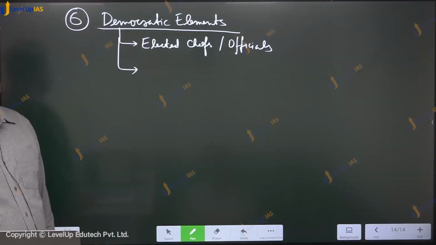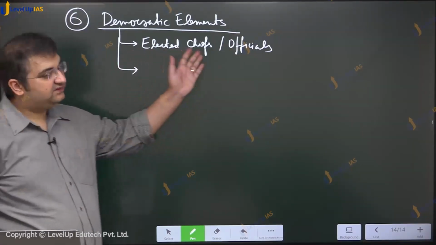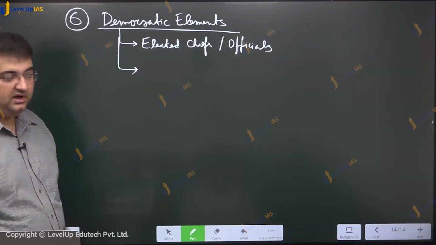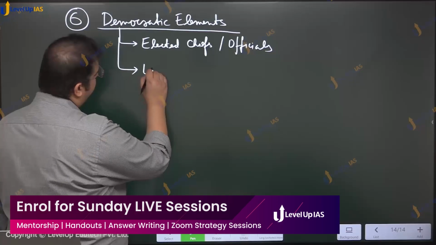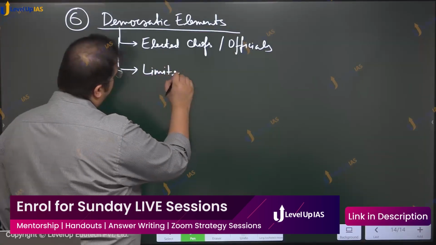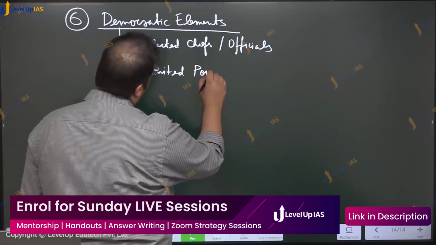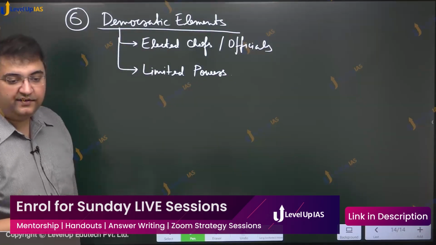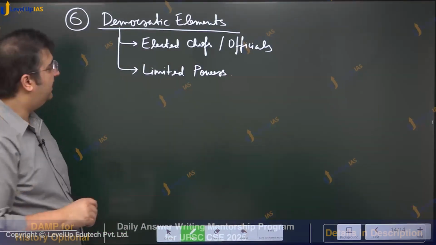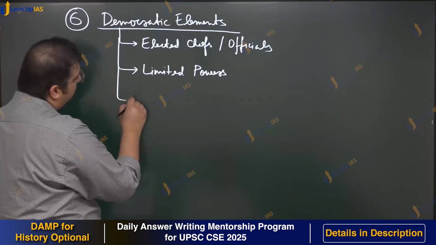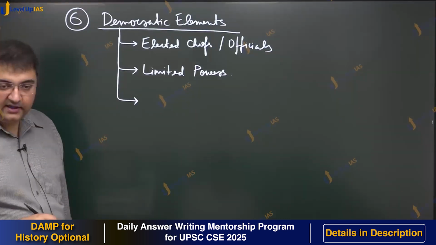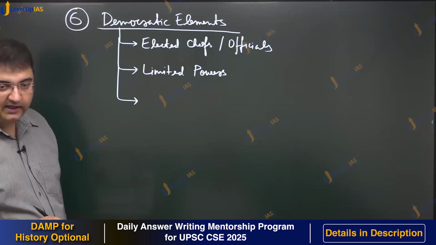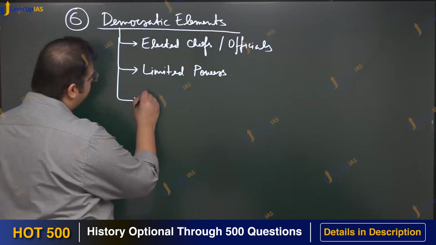Secondly, what do we find? Did these officials have absolute power or did they have limited powers? Limited powers. Meaning that they had significant checks on their authority, exercised by whom? Exercised by the ordinary people through representative bodies or democratic assemblies.